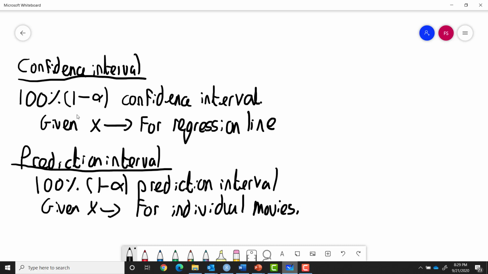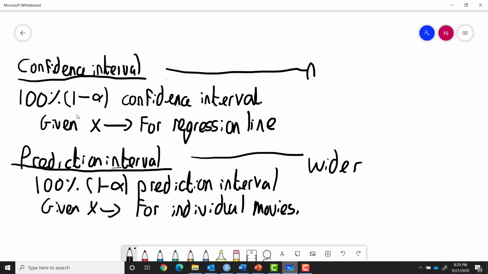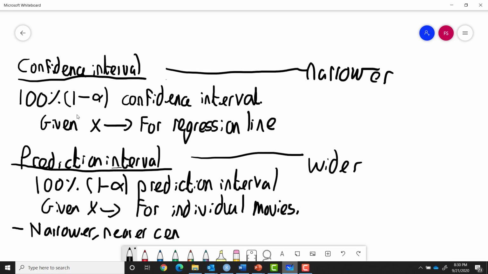So this second one is a tougher task. So this guy is going to be wider and this guy is going to be narrower. Two other things for both of these, it's kind of important that these tend to be narrower near the center of the data, which makes sense, because you have a lot more information there.